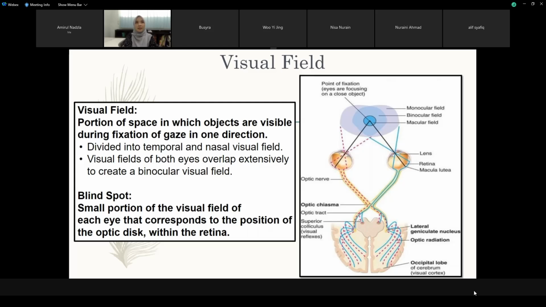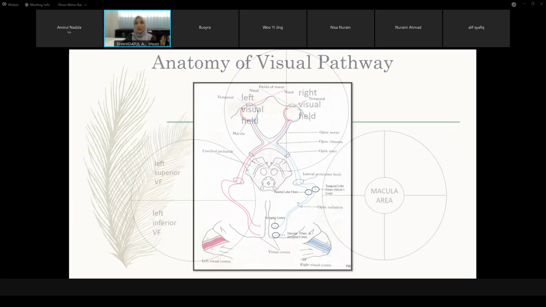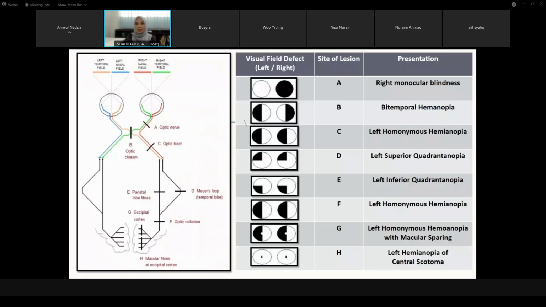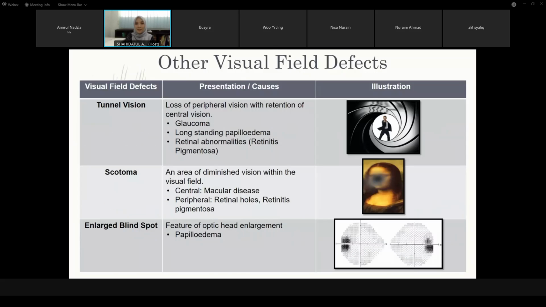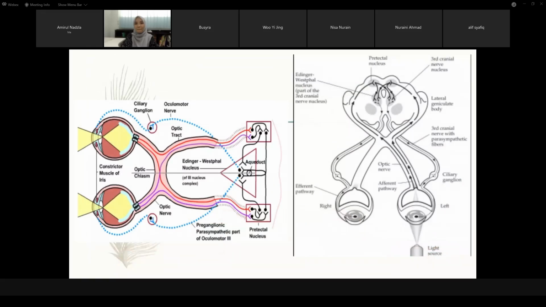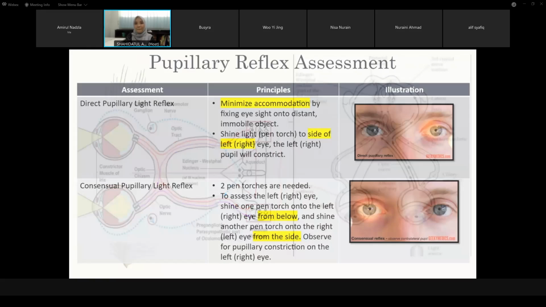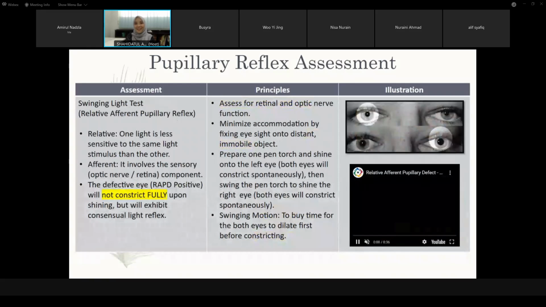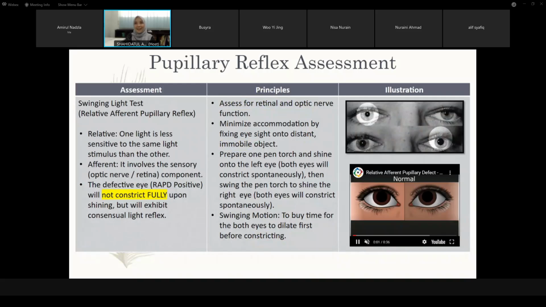And then regarding accommodation, because accommodation has a triad. If you look at the triad, the 3 C's, it's convergence, constriction, and another C, convergence of the lens.